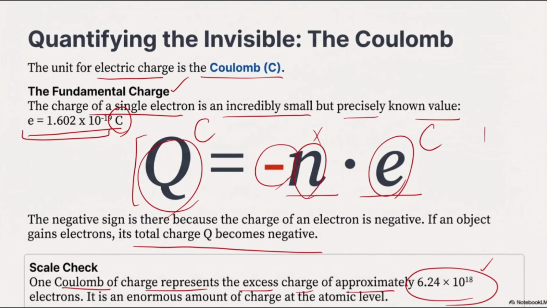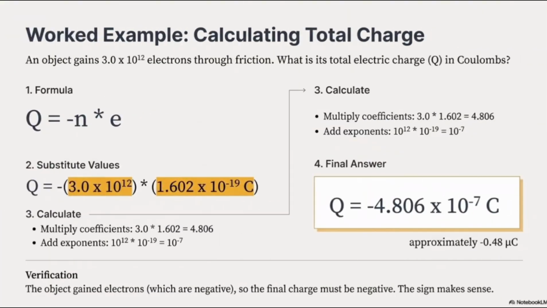If you divide 1 by 1.6 times 10 to the power negative 19, you get this number. It tells you how many electrons you need in order to change the charge by only 1 Coulomb. It means you have to have 6.24 times 10 to the power 18. This is a huge number of electrons if you would like to change the charge by only 1 Coulomb, and it's an enormous amount of charge at the atomic level itself.